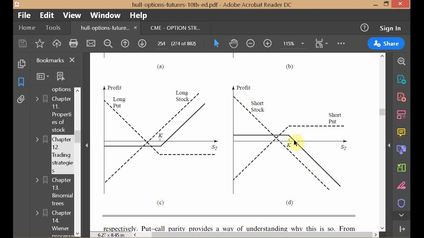So Sakshi is saying this is actually a short put. Let's check whether she's correct. It is showing a big loss in a situation where the market price, let's take ST, let's take the last one, okay? Let's assume that ST is here. Now it's showing a big loss when the market price is higher than the strike price.